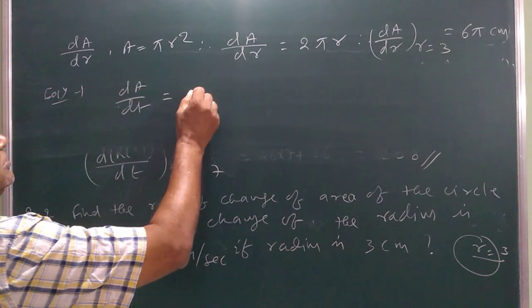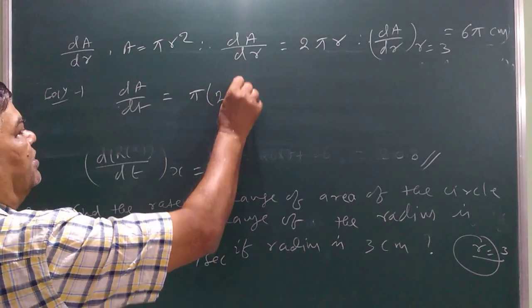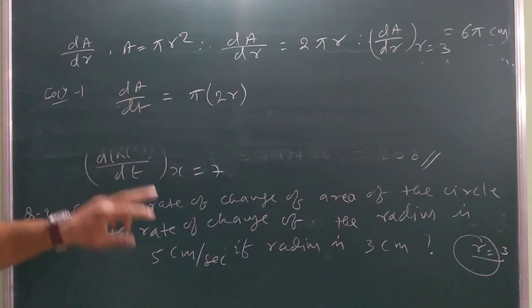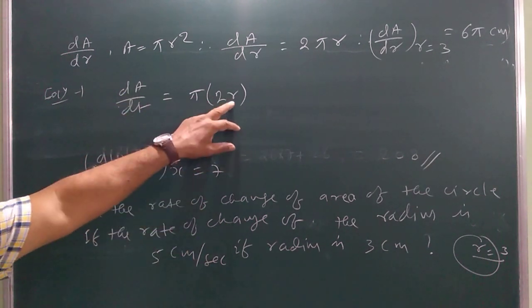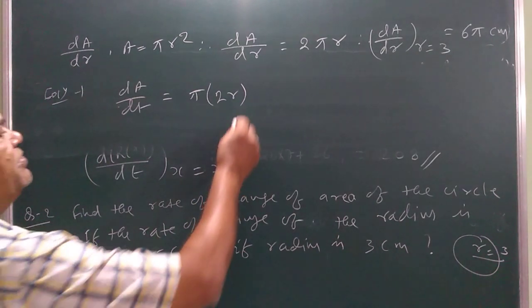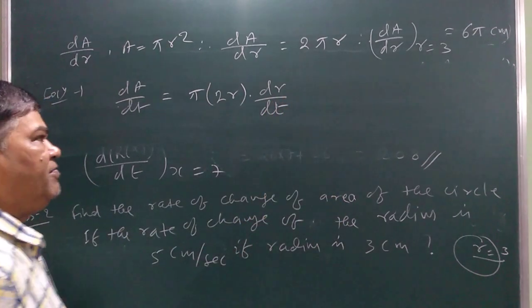Now this is pi, the derivative of r square is 2r. Since you are taking the derivative of the function with respect to time, and r is another variable, you have to take one more derivative, that is dr by dt.